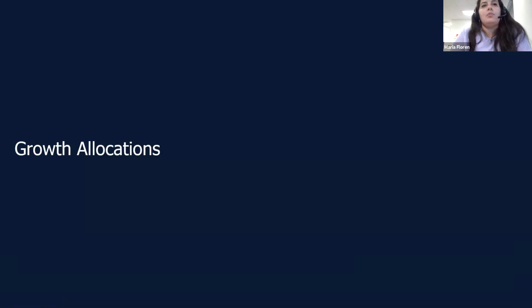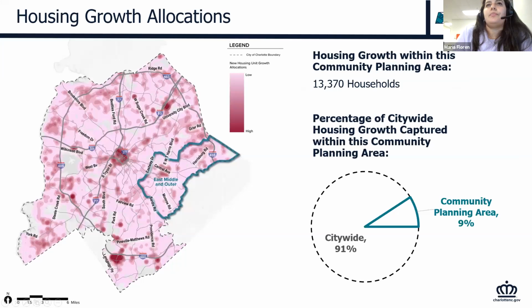So next, we're going to highlight what the above mentioned place type recommendations mean for the area in terms of attracting new housing units and future jobs, and how it compares to the city. In terms of housing units, the place type recommendations within this geography will allow for approximately 13,370 additional households by 2040.